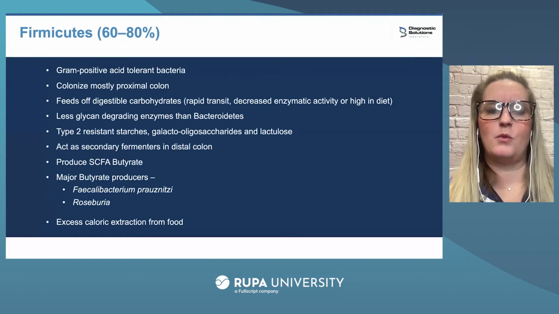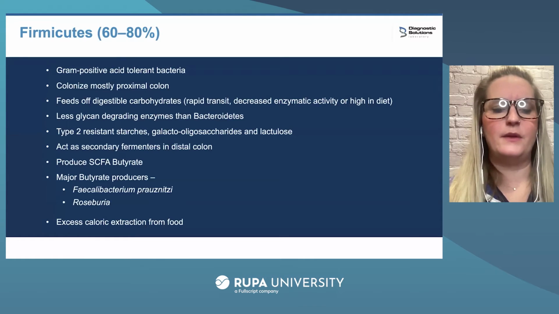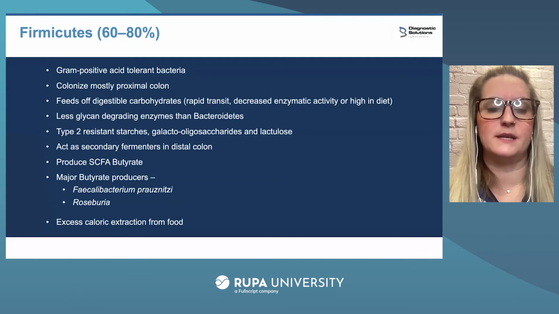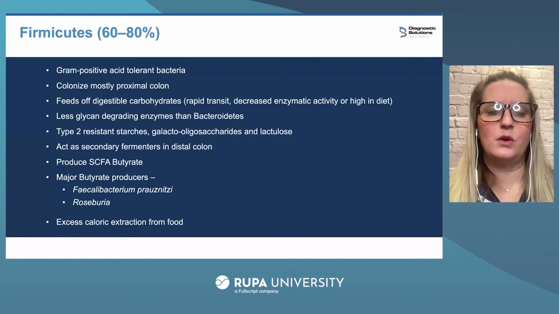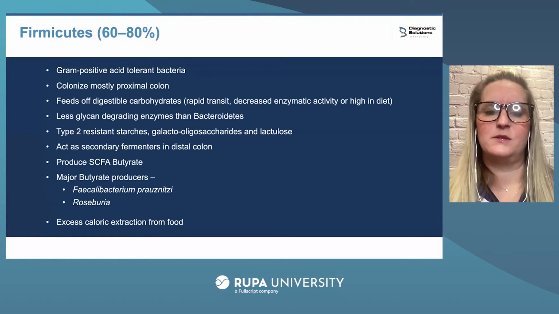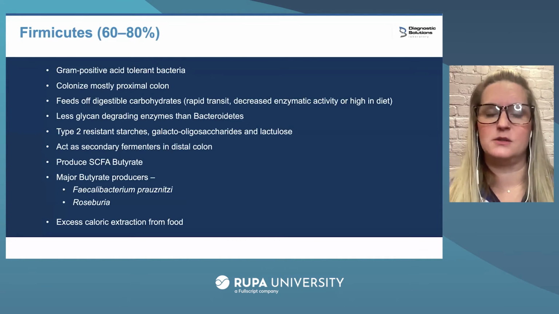So if we are lacking in this particular area, we're going to be lacking energy for the brain as well. Unlike Bacteroides, though, Firmicutes have fewer glycan degrading enzymes, which makes them more reliant on simpler or pre-processed carbohydrates. So when we're looking at making sure that the gut is balanced, we're making sure that the Firmicutes and Bacteroides are aligned with our nutrition and what we're providing for our patients.